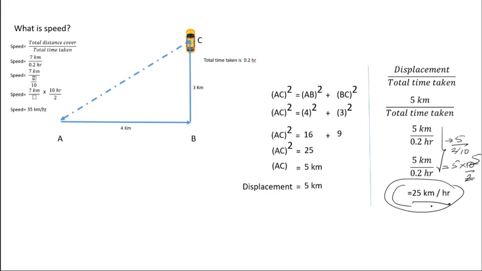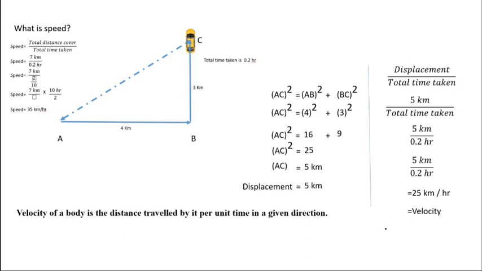And what is that 25 kilometer per hour? There is some name which is given to this. What is this? Displacement divided by total time taken. And what is that name? Please remember, it's called velocity. So the velocity of a body is the distance traveled by it per unit time in a given direction.